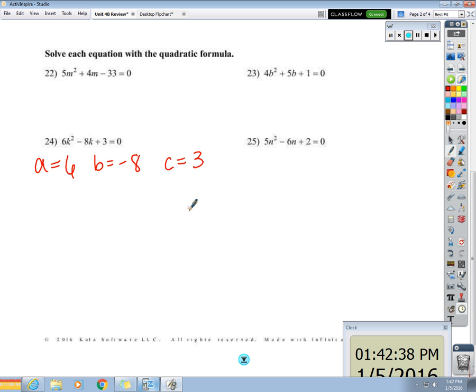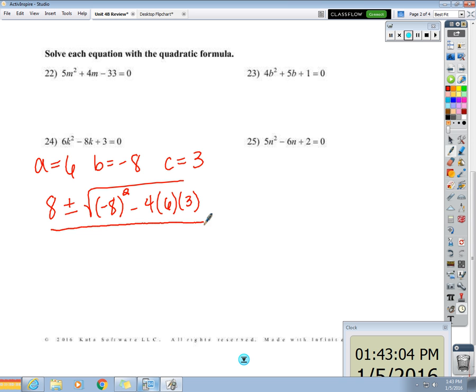Okay, so when we go to plug it in the formula, what will it look like? Okay, why is it positive A if the formula is negative B? Because it's already negative. So a negative negative A will become positive A, plus or minus the square root of squared minus 4 times all over 2 times 6, which is 12.